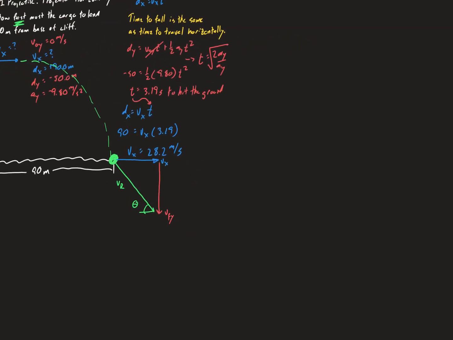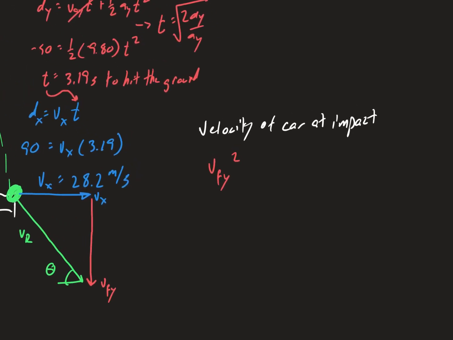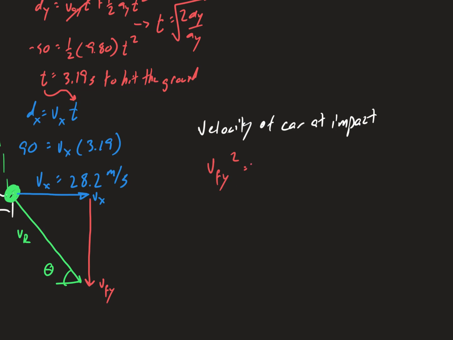Knowing this information, we can figure out the velocity in the y direction using the second kinematic. So let's write our question here: velocity of car at impact. I need to know how fast it's moving in the y direction. So vf y squared equals v naught y squared plus 2 ay dy.